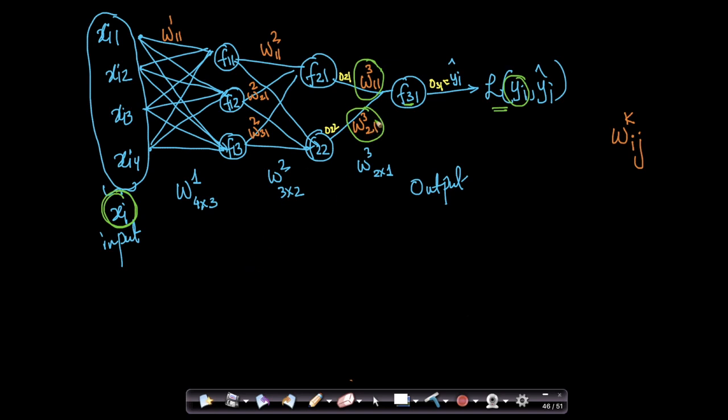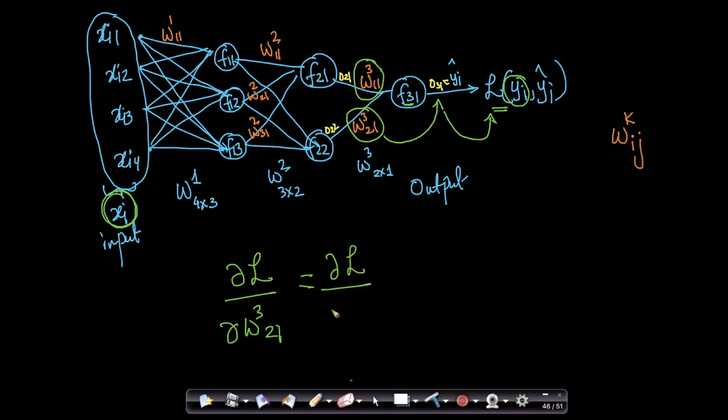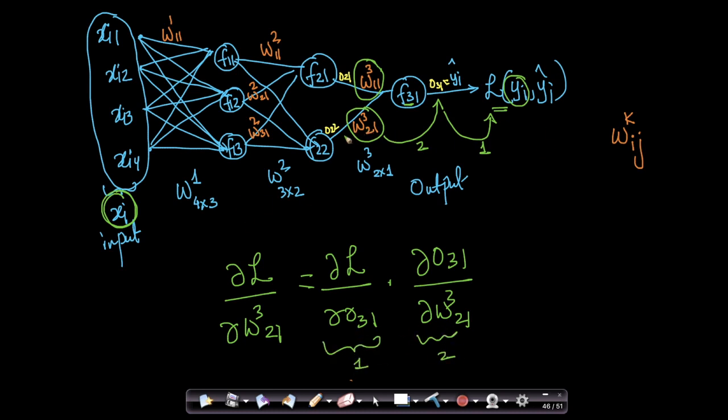W321 also impacts O31 and O31 impacts L. So I'll write it as the derivative of L with respect to W321 is equal to the derivative of L with respect to O31 multiplied by the derivative of O31 with respect to W321. Again, this represents step 1 and this represents step 2. I'm just following the path here.